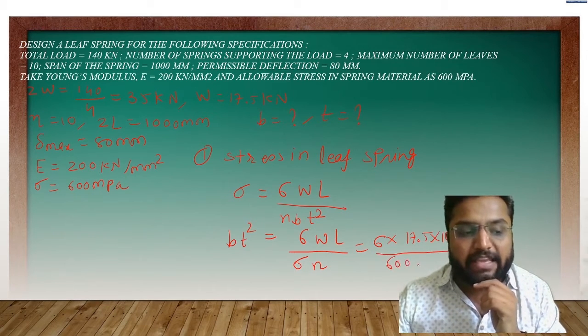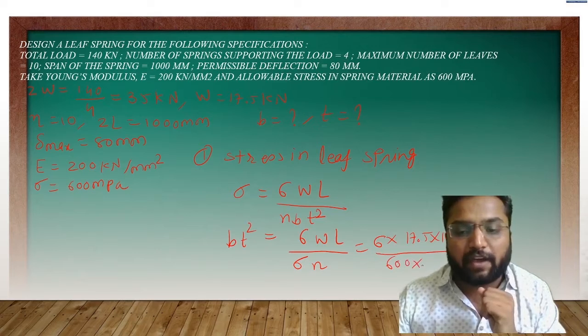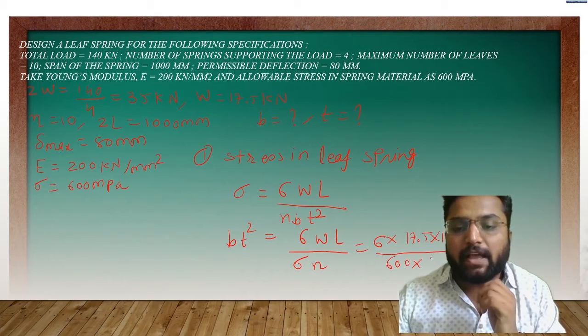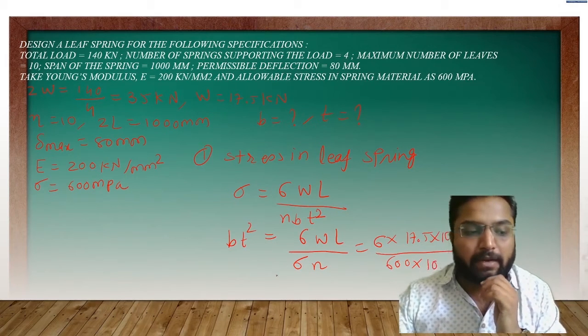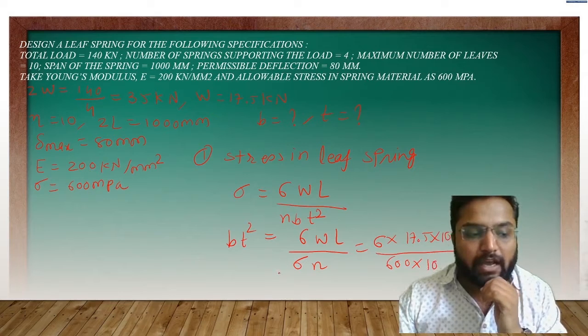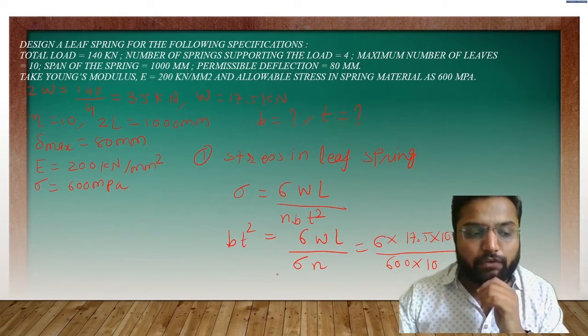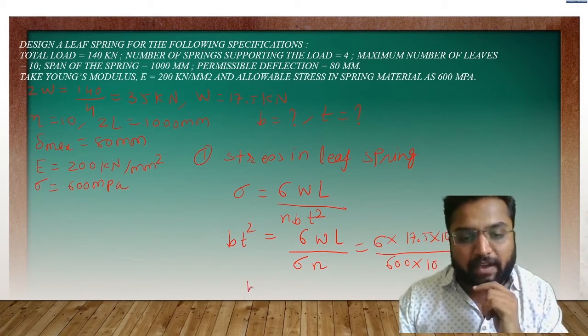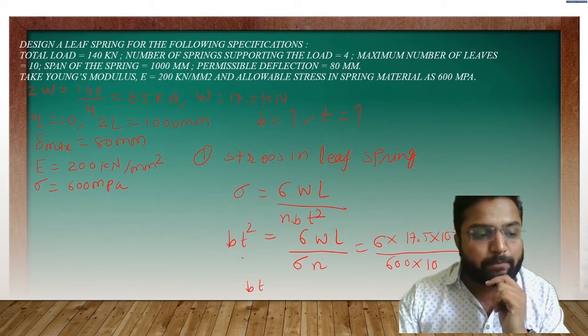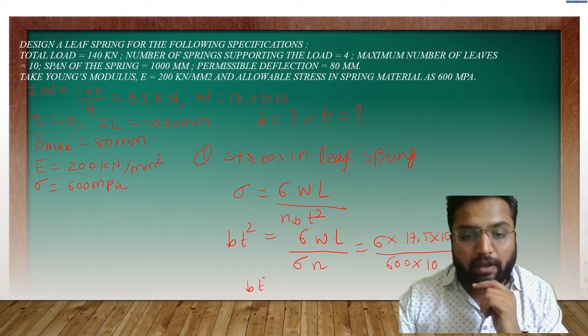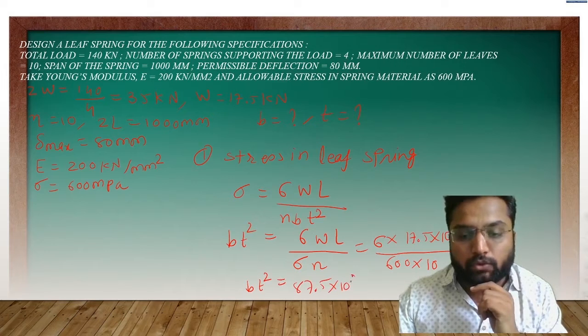I have to take each and every value in terms of mm, so the stress is in megapascal, and into n, which is 10. So in our case, the value for BT square will be 87.5 into 10 raised to 2.